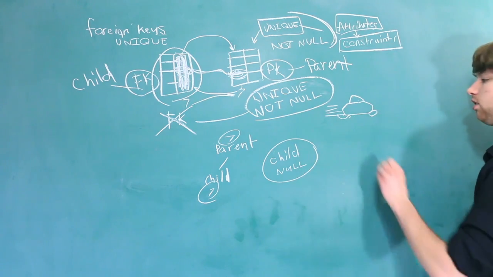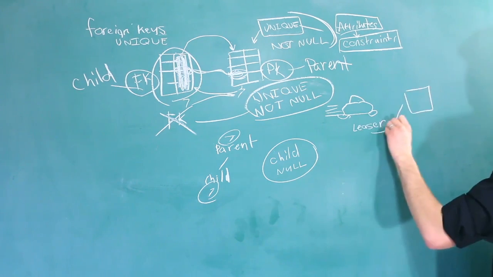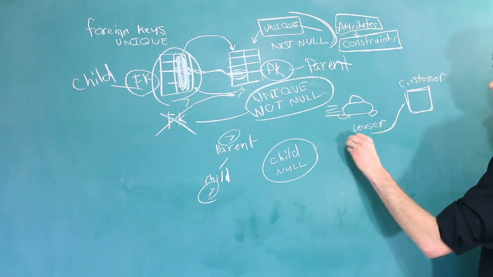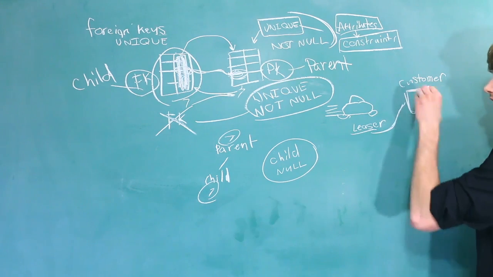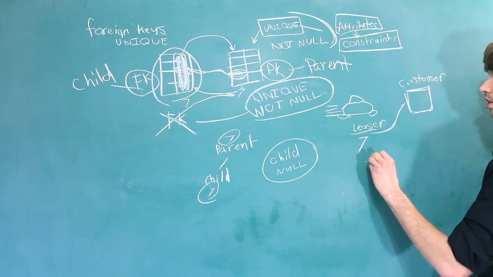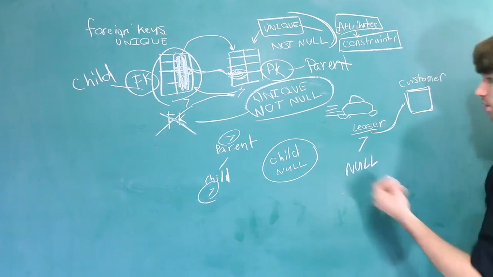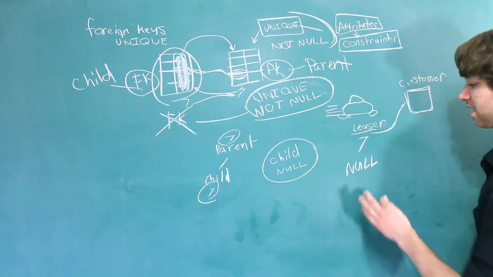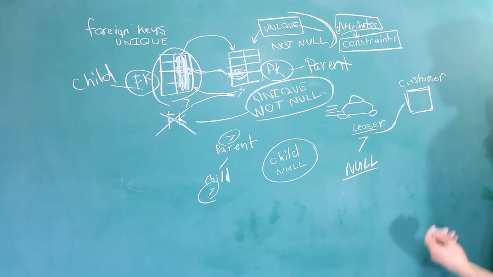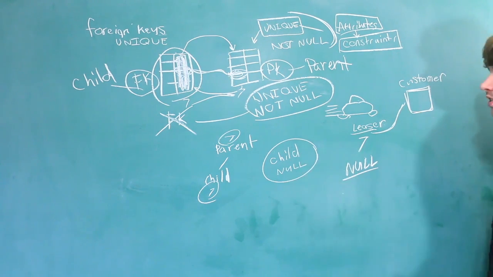You might have a column for leaser, which points back to the customer. Well, if a car is being currently leased, it would have a customer ID, such as 7. But if the car does not have an owner, then that would be null. So in this situation, although it's not the best example in the world, you can see that a null would be appropriate. So sometimes it's okay to have orphaned children.